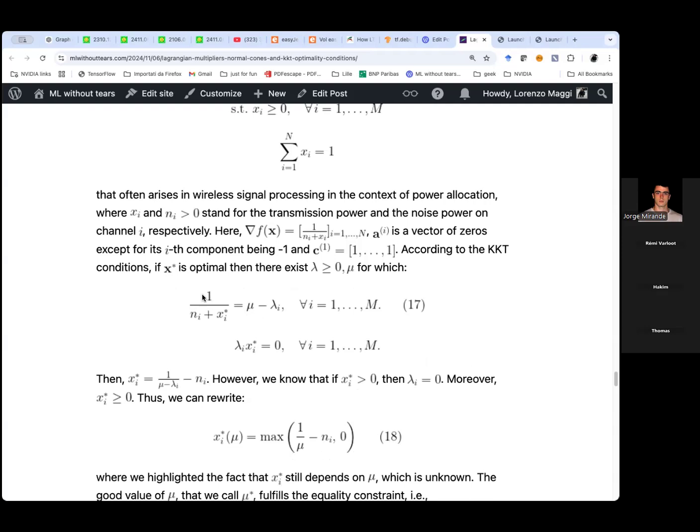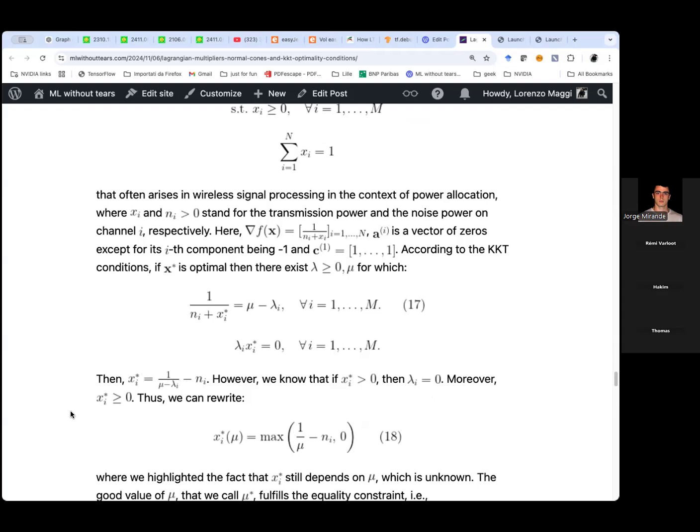So rewriting this as a function of x star equal to something, we have this expression. However, from the complementary slackness, we know that if x star is greater than 0, then lambda has to be 0. So basically here we can kill lambda i, because we are only interested in the xi's that do something.